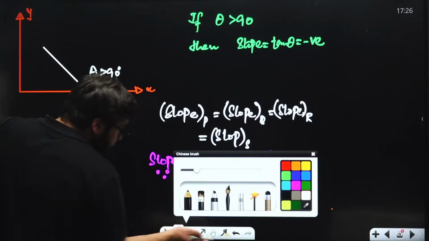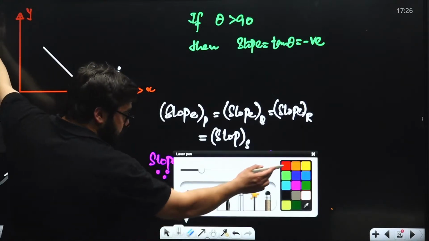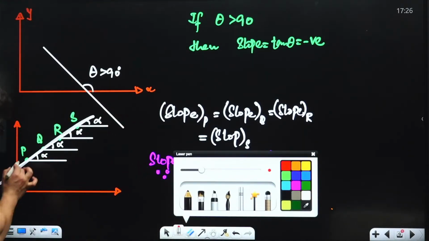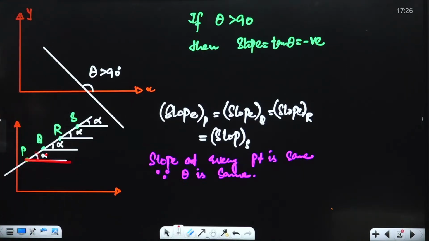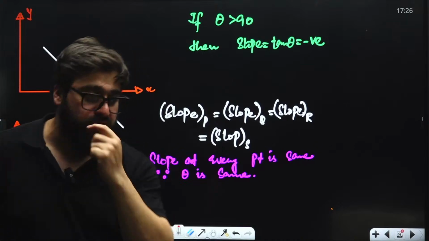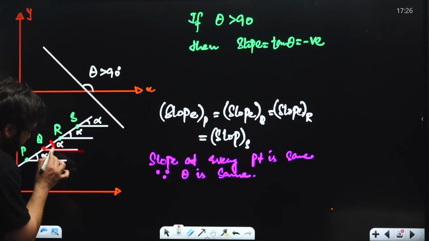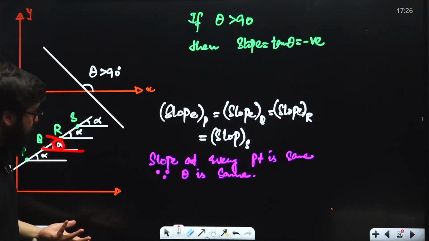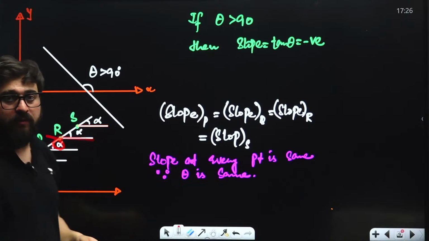Now, let's suppose you have a line something like this. At this particular point, it is making the angle alpha with the x-axis. Listen to me very carefully. Can I not say at this point also it will make the same angle alpha with the x-axis? Because here also it is making the same angle.